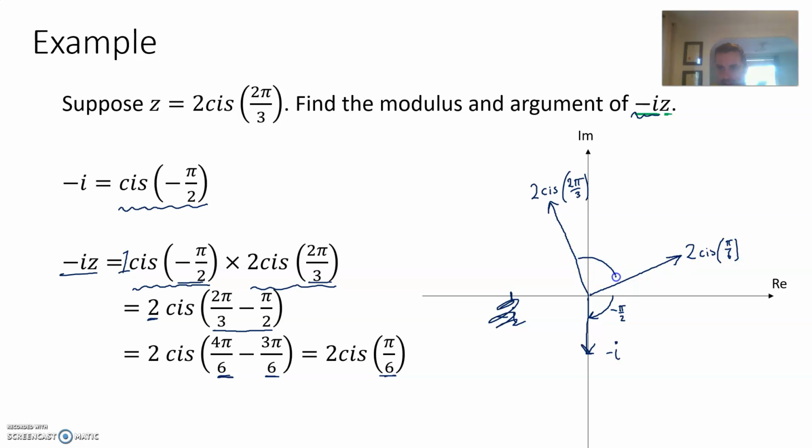So it rotated z by negative pi over 2. When I multiplied by negative i, it caused that rotation. The modulus was only 1, so it didn't change the modulus. But if the modulus was bigger, for example, then it may have extended that vector.